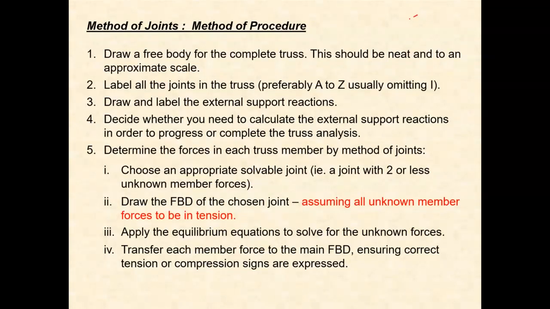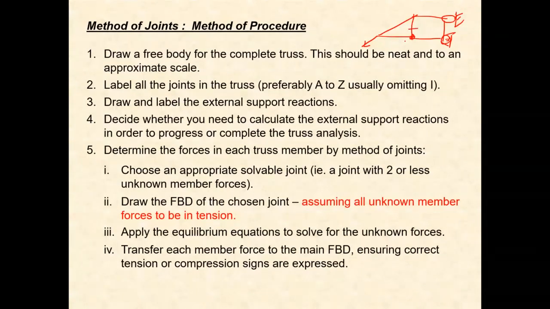A good example was when you had a truss like this one, with the force applied here. If I want to find, for example, forces here, I can simply take note that this vertical member is a zero force member.